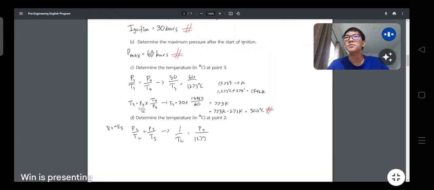T3 is equal to P3 times T4 over P4. Put the numbers together and we will get 773 Kelvin, minus 273 to get Celsius back. So the Celsius will be 500 degrees Celsius.